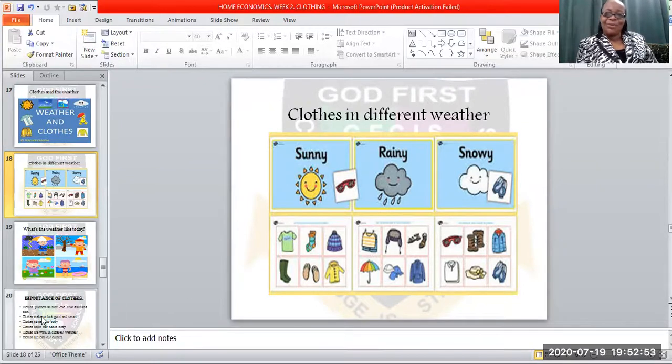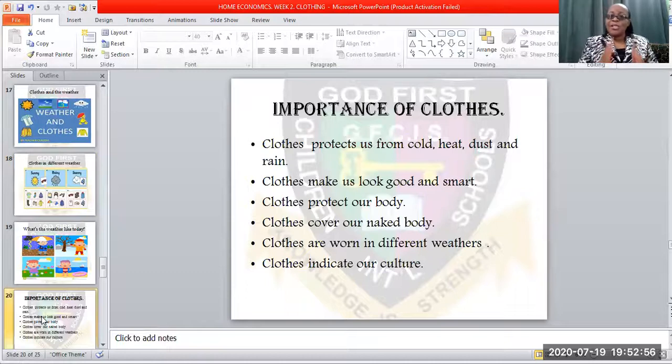Beautiful. Now let's move on to the importance of clothes. Why do we wear clothes? Why are clothes important to us? Number one, clothes protect us from cold, from heat, from dust, and even from rain.